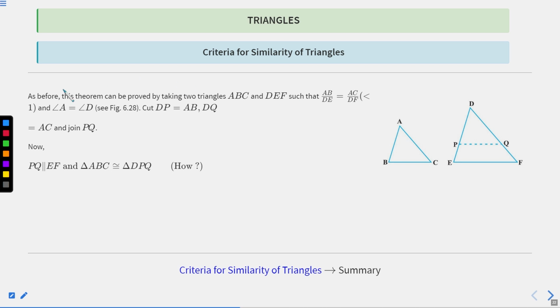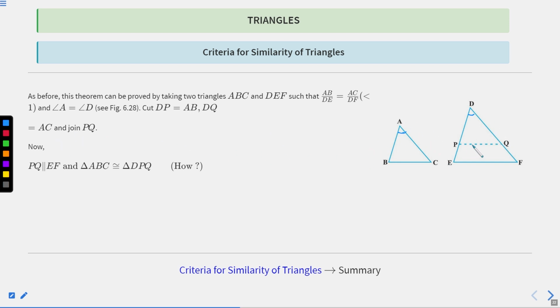As before, this theorem can be proved by taking two triangles ABC and DEF such that AB over DE is equal to AC over DF, and these two ratios are less than 1. And here angle A is equal to angle D. We cut DP equal to AB and DQ equal to AC.